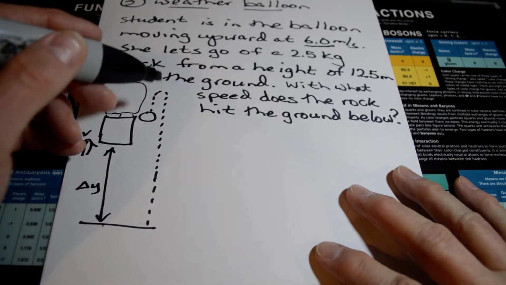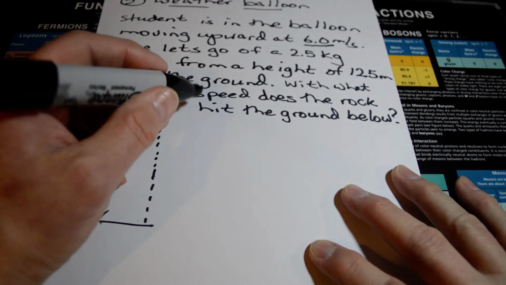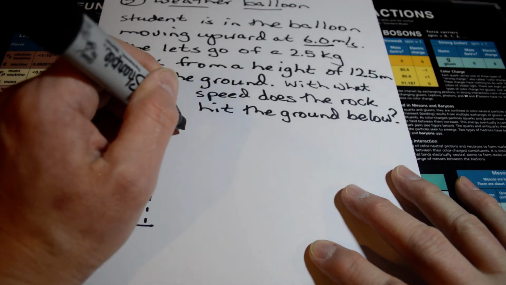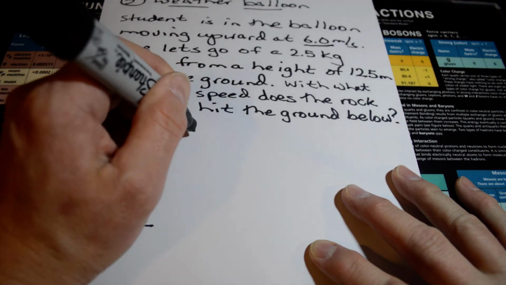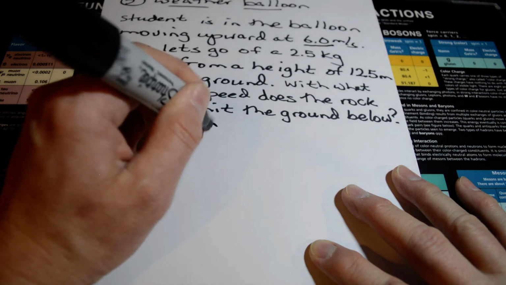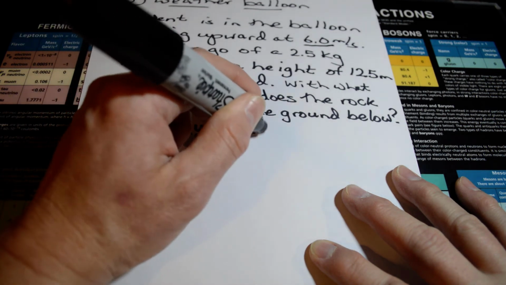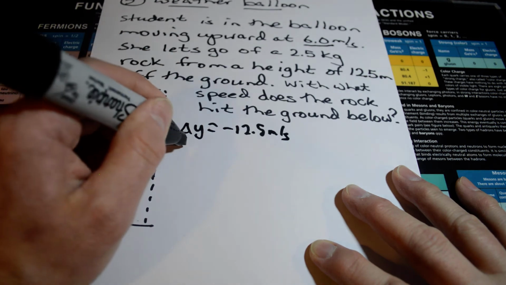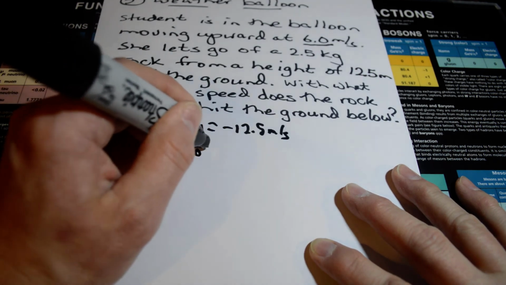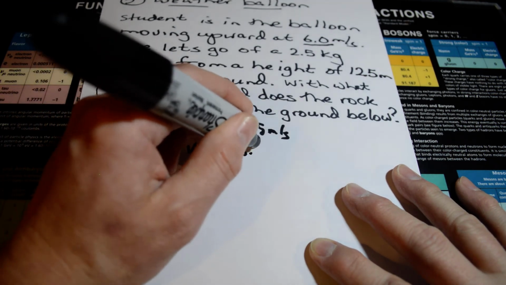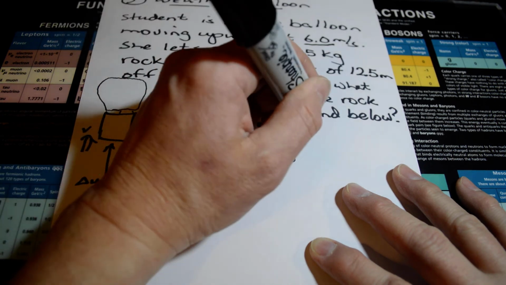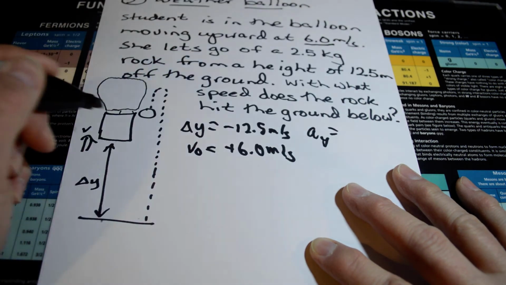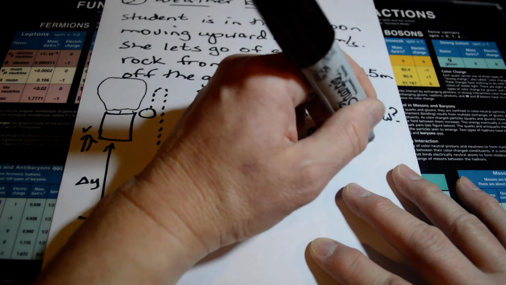So that would be the picture of the projectile motion. In this case, if I write down a little bit of what we're given, it's going to have a negative 12.5 meter displacement, an initial velocity of positive 6, and an acceleration of negative 9.8.